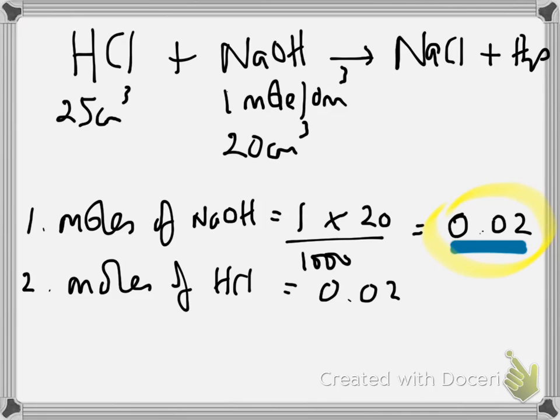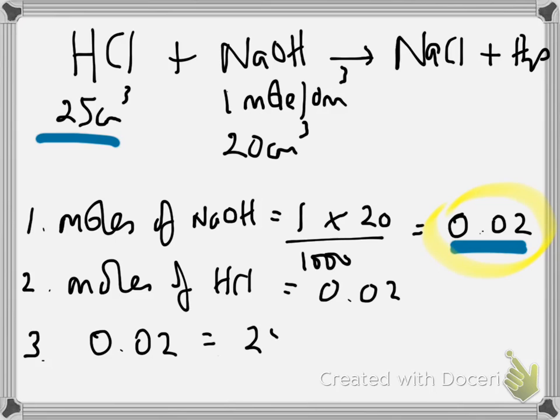Right, last thing, slightly more difficult. If moles of HCl is 0.02, putting this into the equation for HCl, moles is 0.02, which is equal to volume times concentration over 1000. What was the volume of HCl? 25.